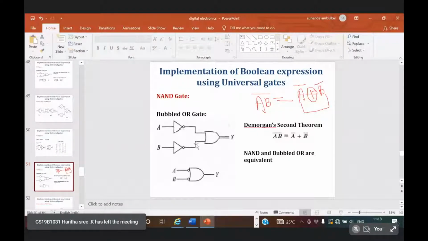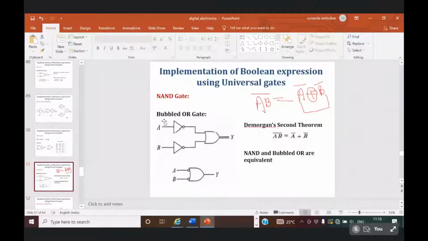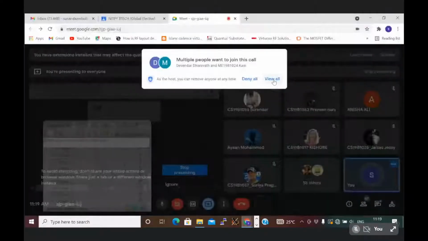This diagram shows such an arrangement. This is A bar: if we pass A through the NOT gate, it will make A bar. If we pass B through the NOT gate, it will create B bar. And here the plus indicates that this is an ORing operation. If we replace this NOT gate with the bubble, what will happen?